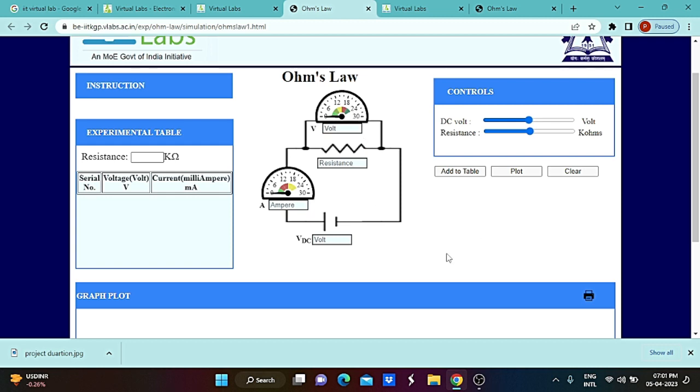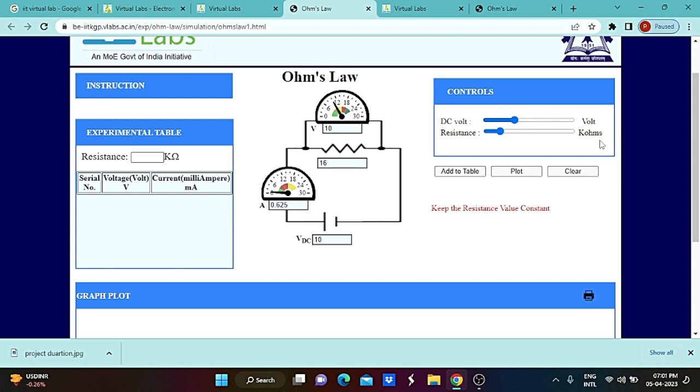Initially we have to put in a constant resistance value. I just vary the resistance value and voltage value. The DC voltage value I assigned is 10 volts, and the resistance value is equal to 16.